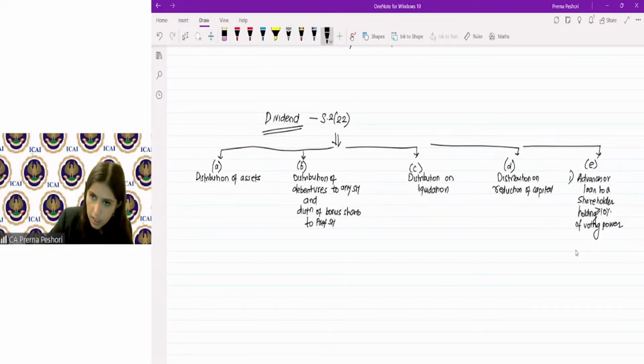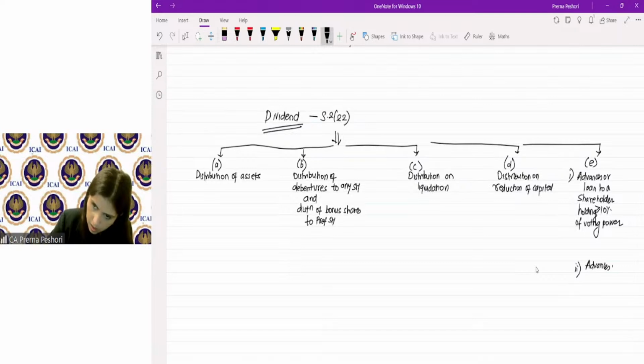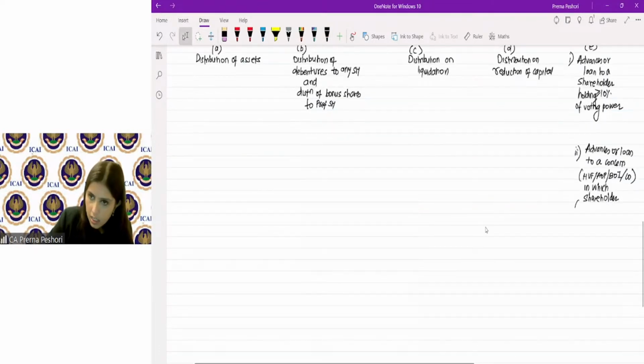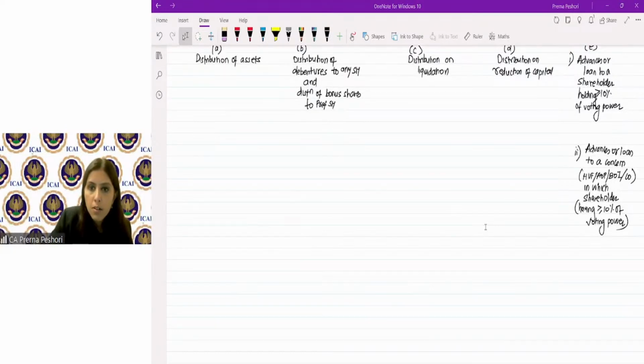Or, this is one. Second, advances or loan to any concern, that is HUF, AOP, BOI or company, in which the shareholder having greater than or equal to 10% of voting power has a substantial interest.